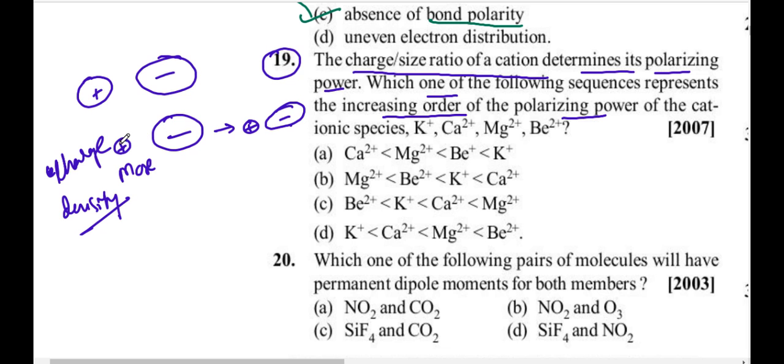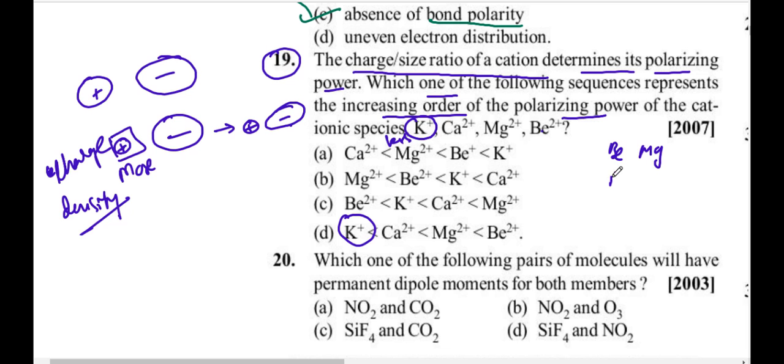So the smaller cation with more charge has higher polarizing power. Right. So magnesium plus 2. See, first of all, K plus has less polarizing power. Less means only one option is there, that is D option. Still remaining calcium, magnesium, beryllium.